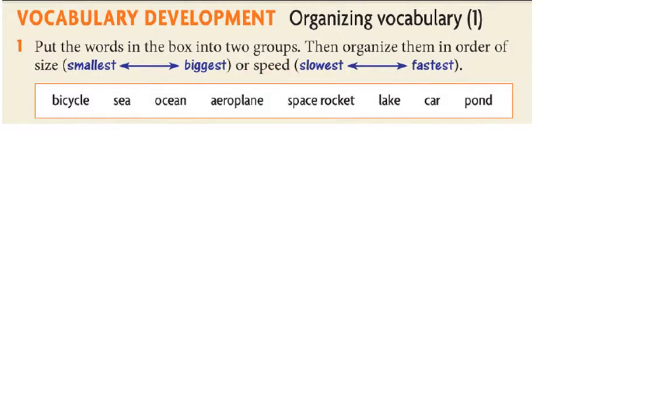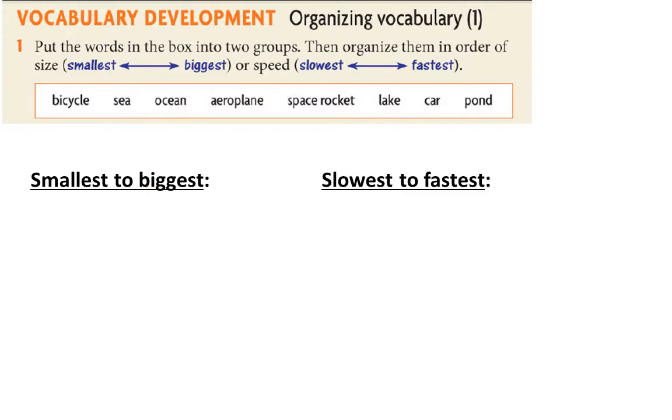So these words will be grouped, categorized into two groups. Then each group will be organized in order. One of them is order of size and the other order of speed. The first one is smallest to biggest, order of size. The second one is slowest to fastest, order of speed.